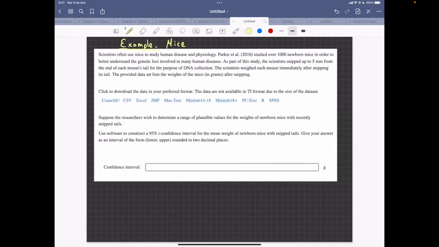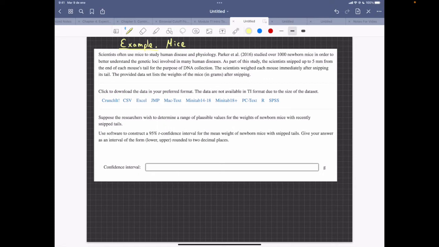All right. Example, mice. Scientists often use mice to study human disease and physiology. Parker et al. studied over 1,000 newborn mice in order to better understand the genetic loci involved in many human diseases.